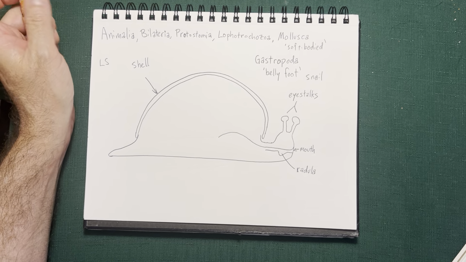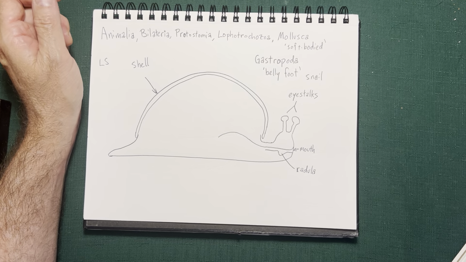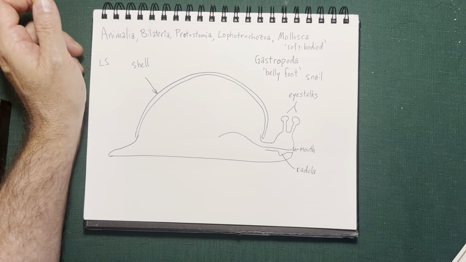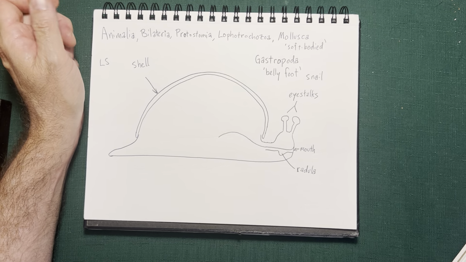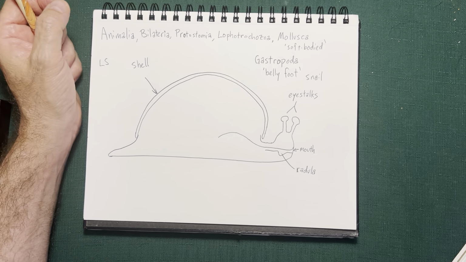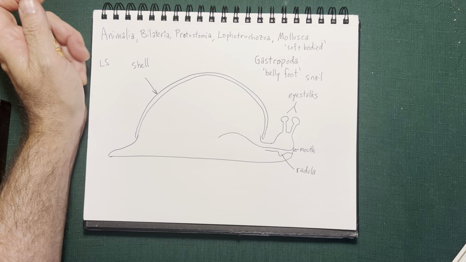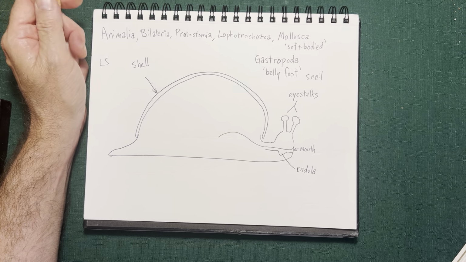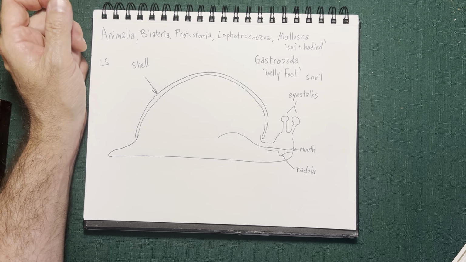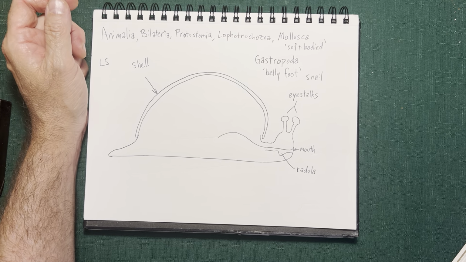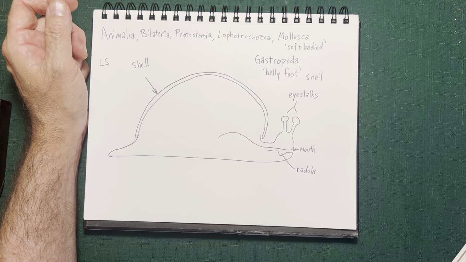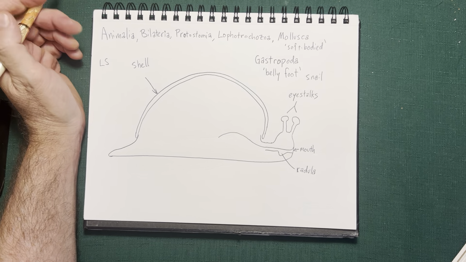The radula is kind of like a tongue, but it is covered in hundreds or thousands of microscopic teeth, and the shape of the teeth is very distinctive throughout the Gastropoda. Sometimes they can be mineralized, or they could just be proteinaceous. The teeth on the radula enable the gastropod to eat whatever it's going to eat.